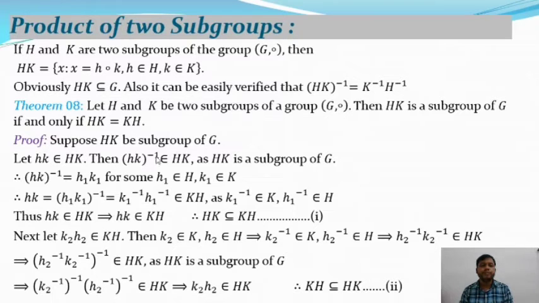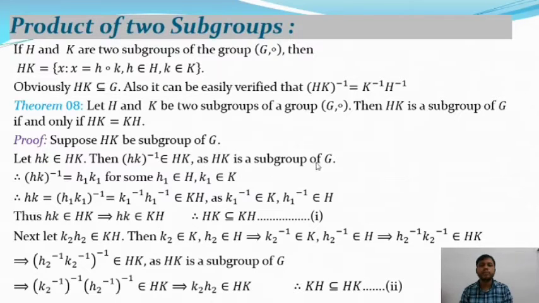Then (hk) inverse also belongs to HK, where HK is a group and satisfies the inverse property as well. So every element has an inverse and it also belongs to this group, that means HK.